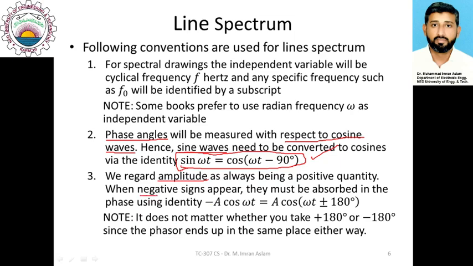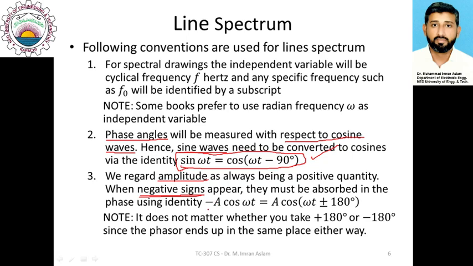If in any case we see a negative sign, we generally attribute that negative sign to a phase change of 180 degrees. So whenever we have a phase change of 180 degrees, we will be getting a negative sign with the amplitude. So actually this negative sign does not come from a negative amplitude, rather it comes from the phase change. So whenever we see a negative sign, we need to absorb it into the phase to get a positive amplitude.